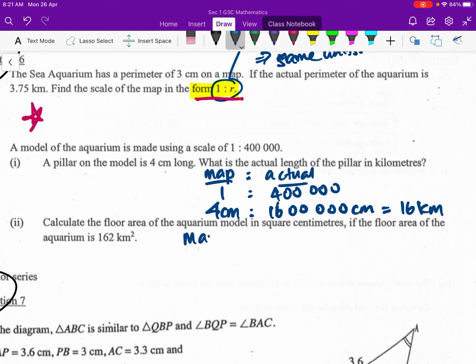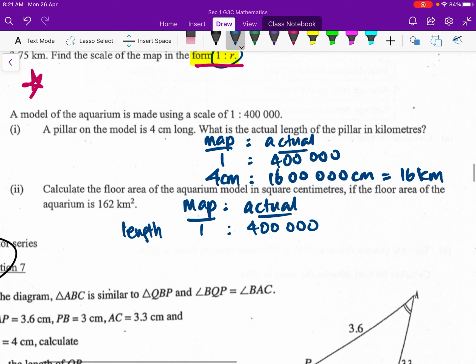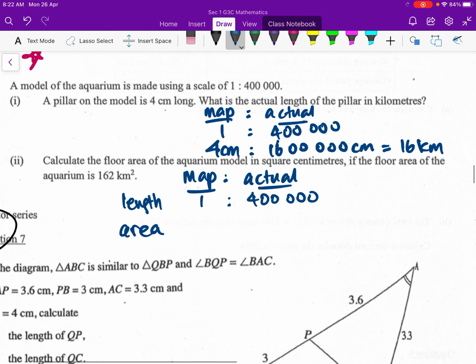Okay, so map and actual. We had 4 cm to 16 kilometers. We have to decide whether it is useful, because when we talk about length, we have our 1:400,000. And you know what's going to happen when we find the ratio of area? We are going to have to square it.